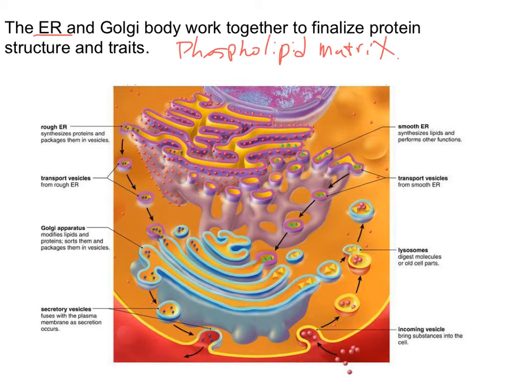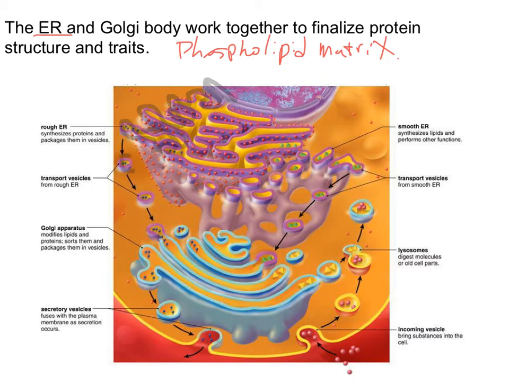I talked about this a little in class, but what I want you to see, using black as a highlight color, is how pervasive the phospholipid membrane is. I'm starting right here. This is the nuclear envelope. It turns in, and this is now the rough ER, the rough endoplasmic reticulum. This is all one phospholipid bilayer.